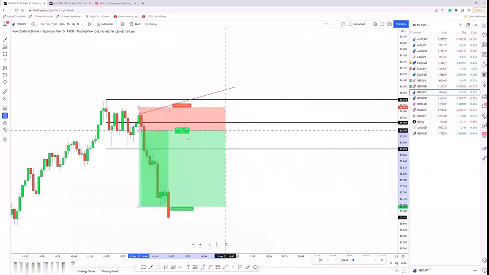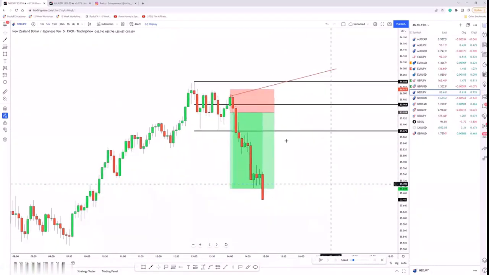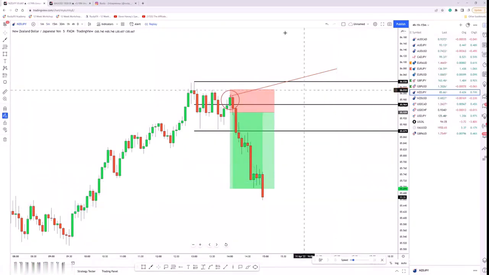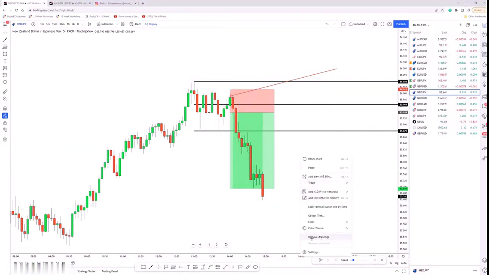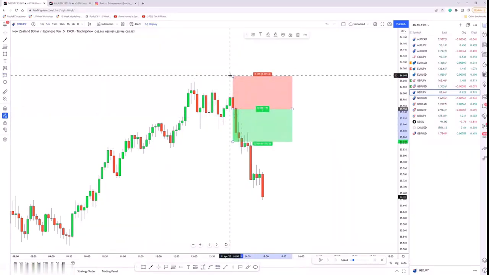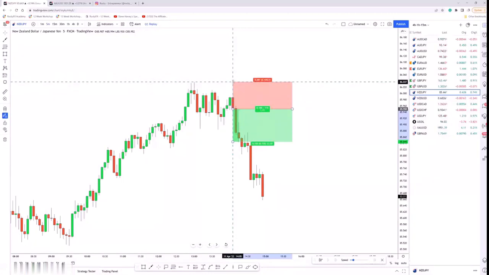Now, how many of you would have missed this whole trade because of this information here? How many of you? I would. Everybody would have. But if I took this trade after this candle closed and placed my stop loss, let's say above here, because I just felt like it.